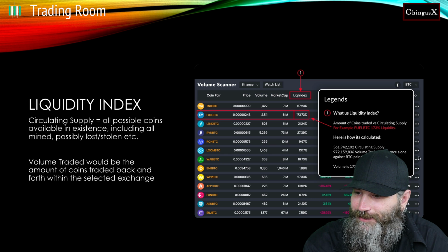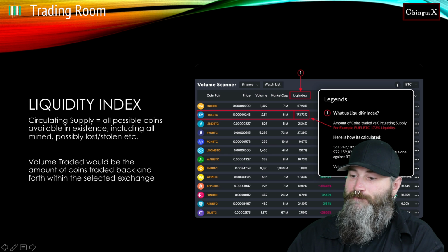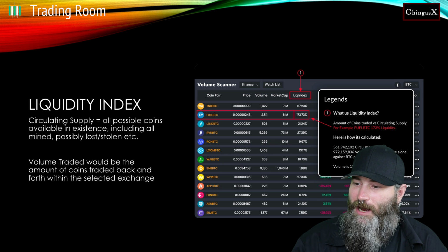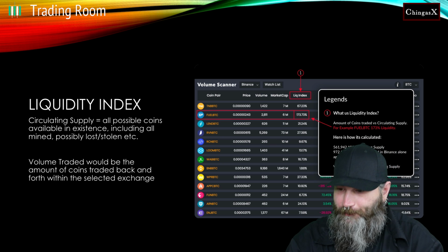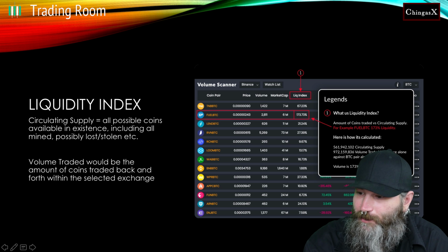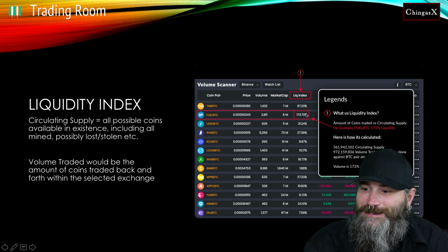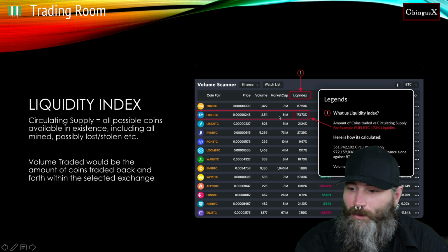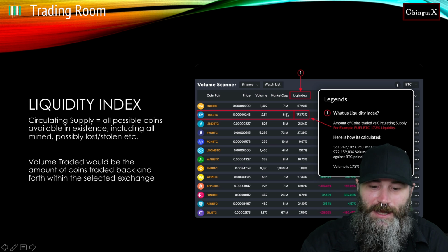Simply put, in this example, FUEL has a circulation supply of 561 million, where the volume traded in Binance alone against BTC was 972 million, which gives you an increase in volume of 173%. So liquidity-wise, if this was 6 million, the total market cap, let's just say that this was 200 for easy math, we could say that you're trading around 12 million. That's the easy way to break that down.